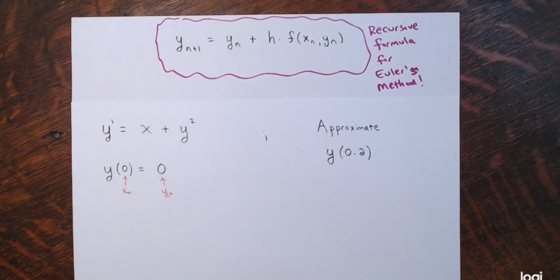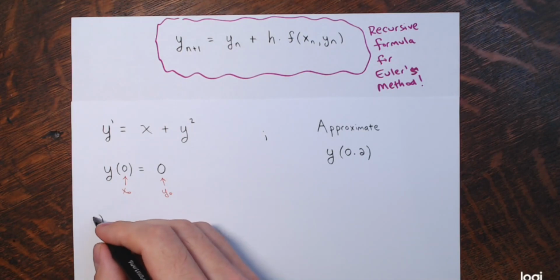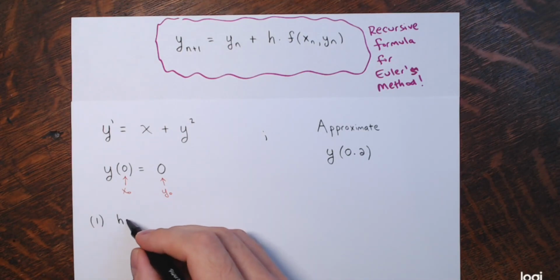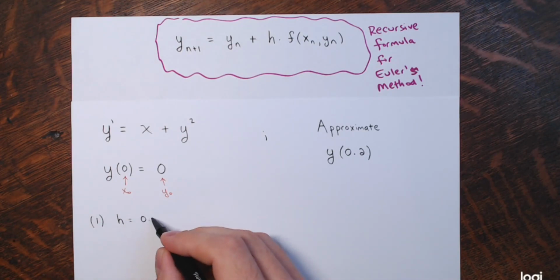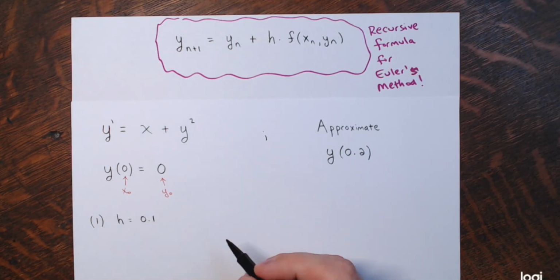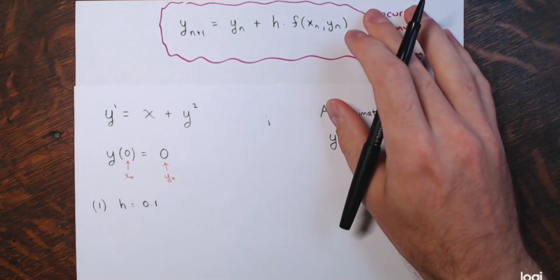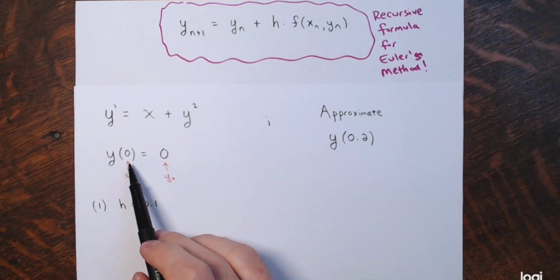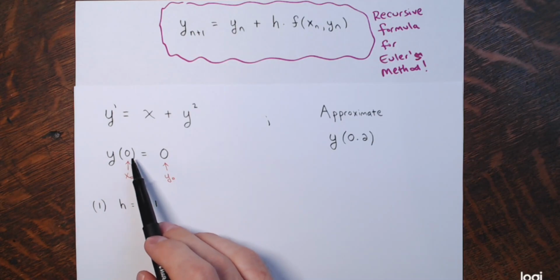And just as before, I'll have our h be just 1/10. If I do that, it should only take 2 steps. I'd go from 0 to 0.1, and then from 0.1 to 0.2. There should only be 2 steps.